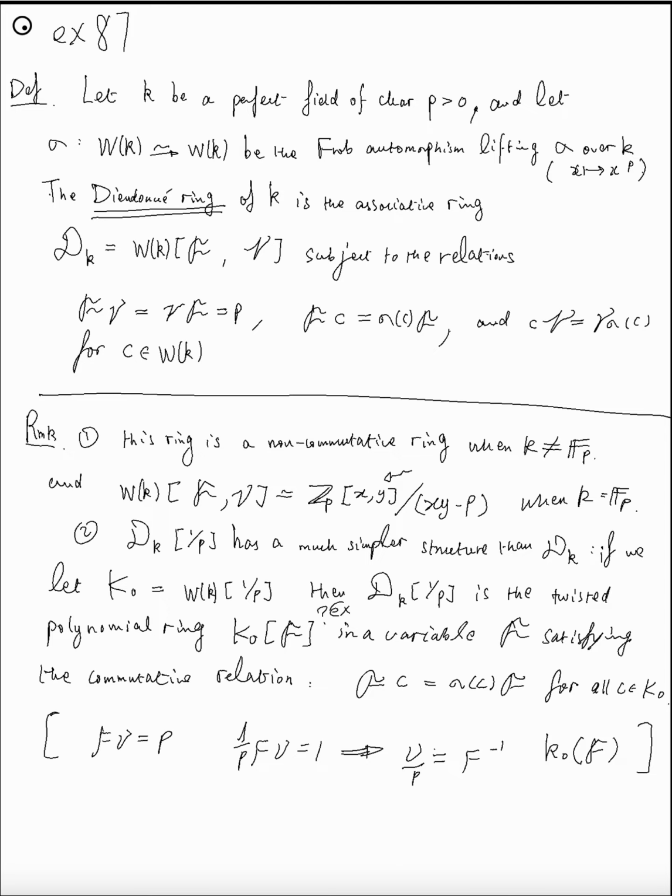Question mark, and also an exercise to think about it. When you invert p, what is the structure of this D_k[1/p]? It should be at least like this, F and F inverse, right?